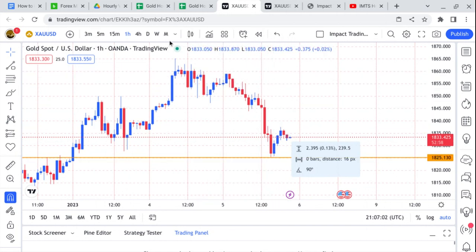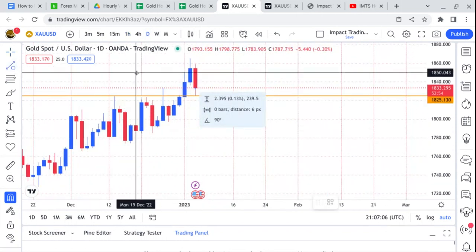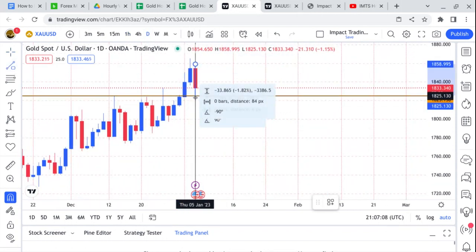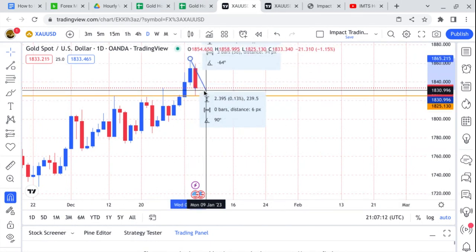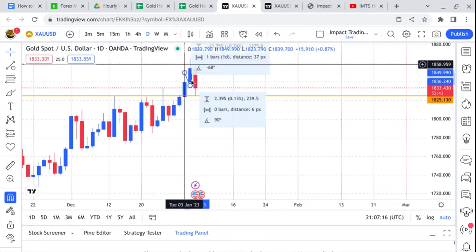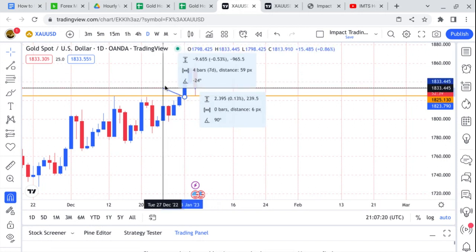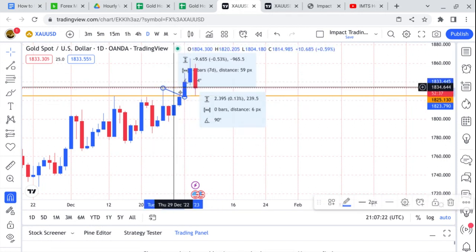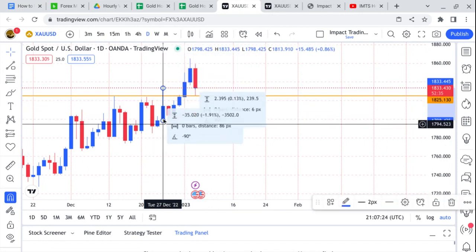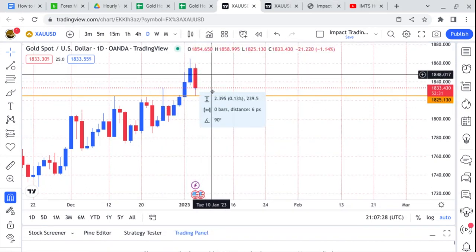So this day has gone 3,000 pips. Yesterday went almost 3,000. The day before went 2,600. This day right here went 35. So we know around 3,000 is the high end for a whole daily move.